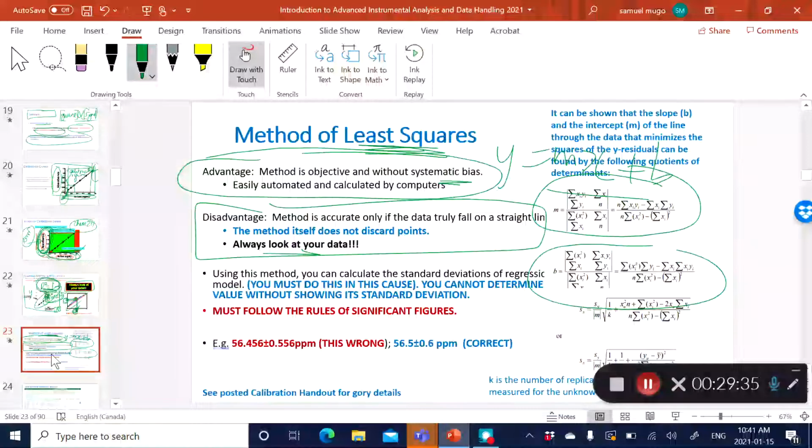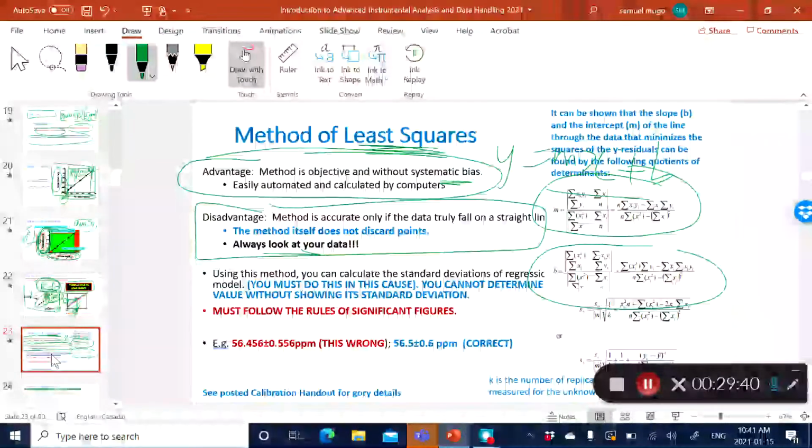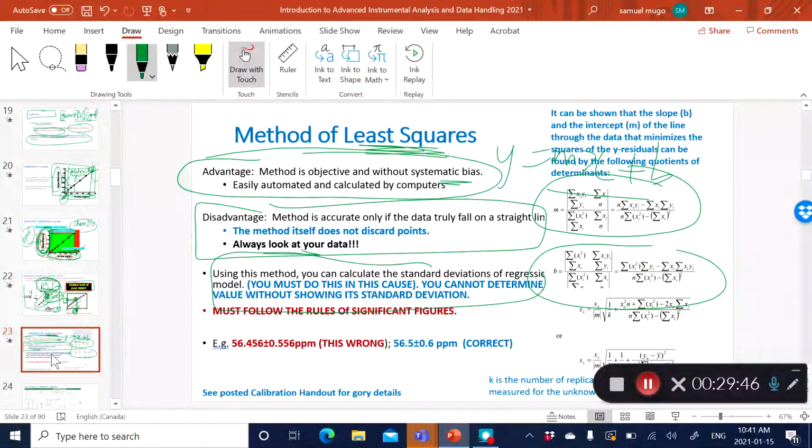Now, another huge advantage of using the least squares method, and why you need to use both, is that with the least squares method, you can determine the standard deviation of your measurement. Take note of this, and this cuts across all analytical chemistry or all types of analysis out there, whether you're in psychology and so on.